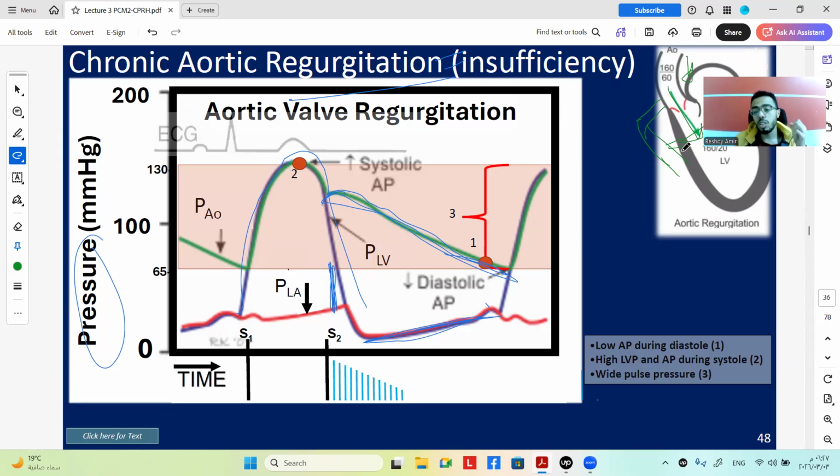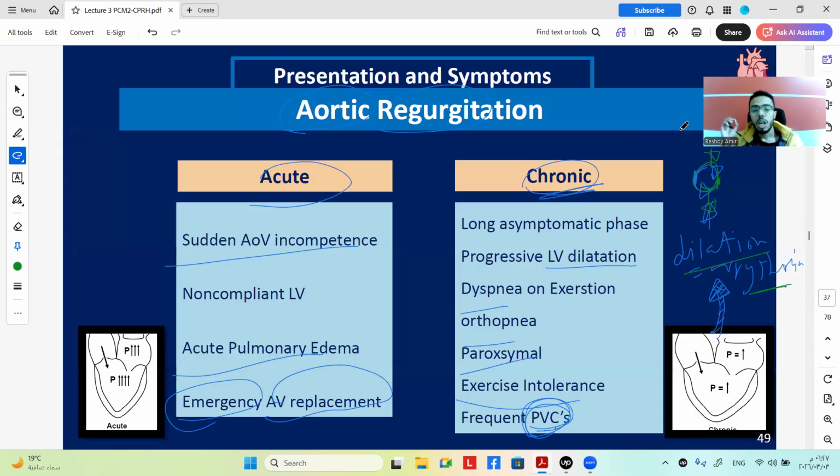Contracting muscle presses on these coronary branches and closes them during systole, but in diastole we are relaxed and getting blood. So diastole is the phase in which the heart gets its energy.